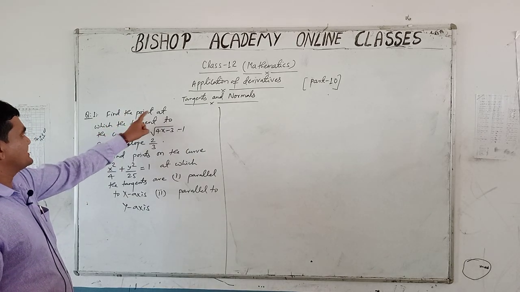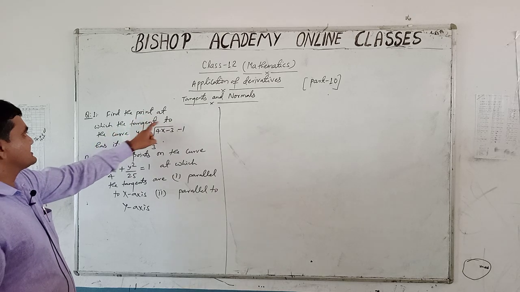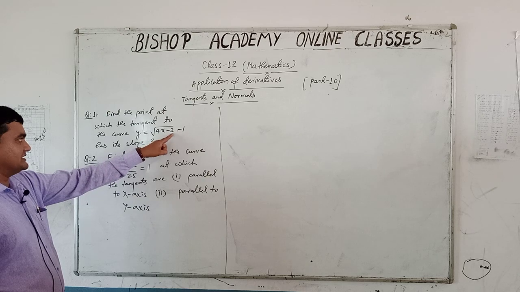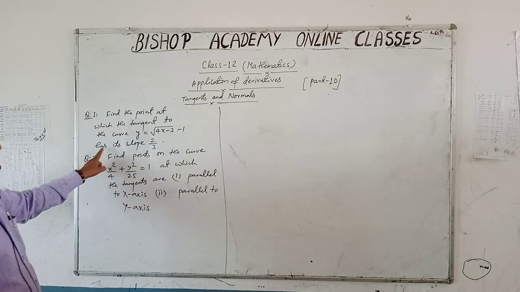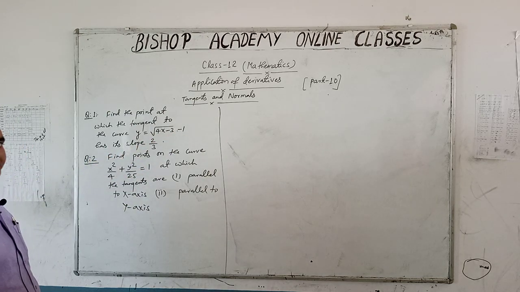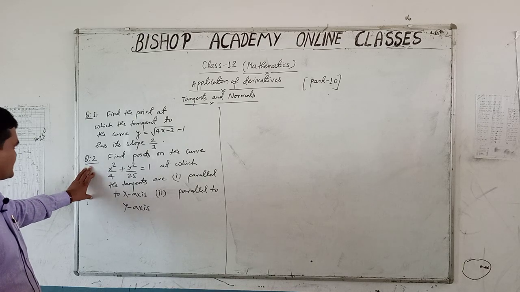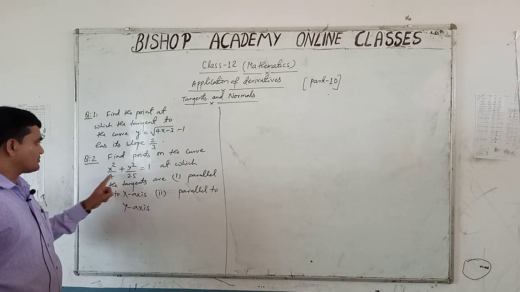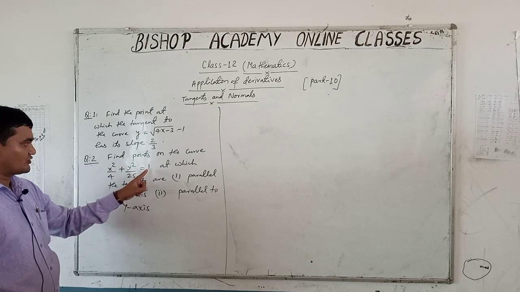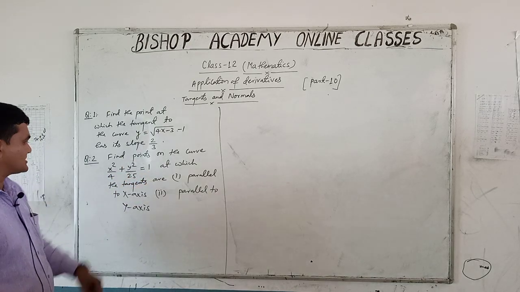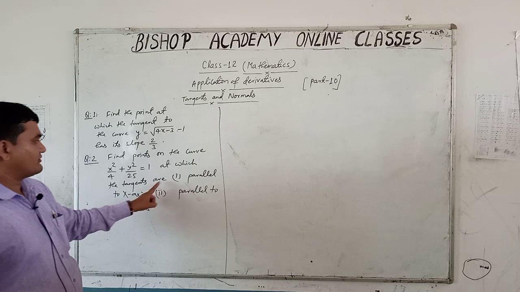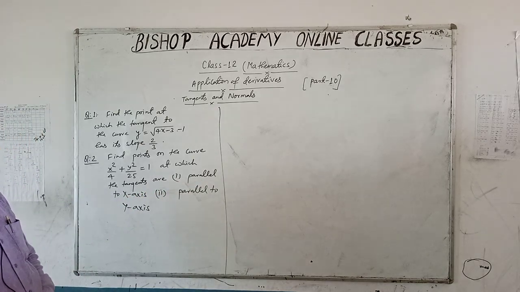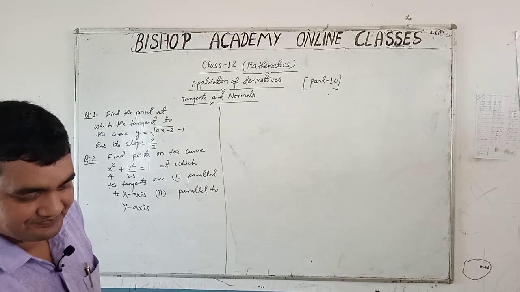Find the point at which the tangent to the curve y = root of (4x minus 3) minus 1 has its slope 2 by 3. 2. Find points on the curve x square by 4 plus y square by 25 equal to 1 at which the tangents are first parallel to the x-axis and second parallel to the y-axis.